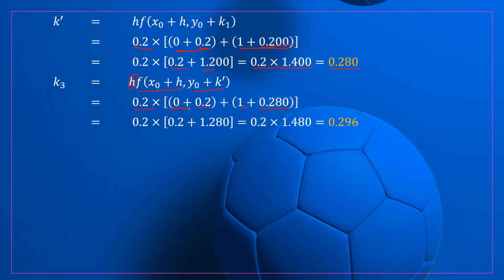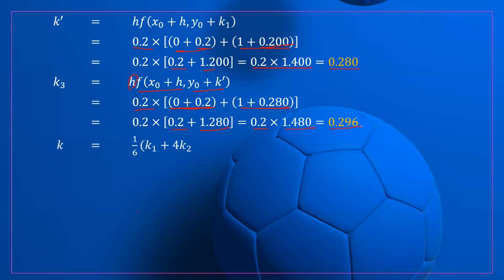So this is 0.2. If we add, 0 plus 0.2 is 0.2 and it is 1.280. Adding it, we get 0.2 and 1.480. And if we multiply it, we are getting 0.2996. So this is the value of K3.